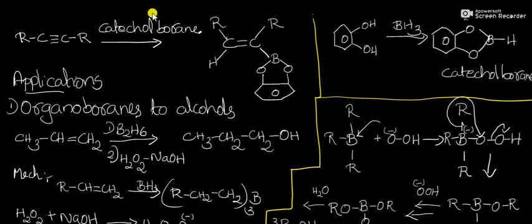Here alkynes will undergo a hydroboration reaction using catechol borane, and we get a product that will be an alkene, and it will be a cis alkene. An alkene having a borane, and this is also a borane.